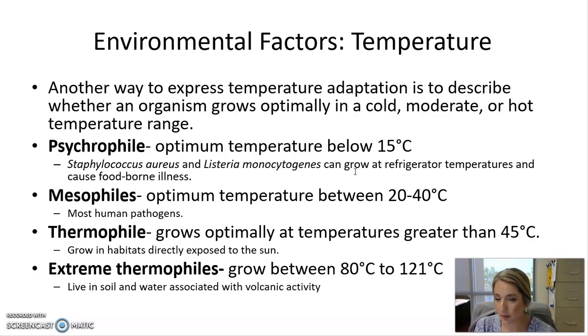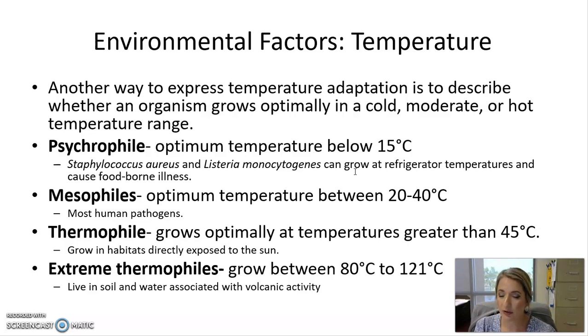Again, our internal body temperature is 37 degrees Celsius, so any type of microorganism that can cause disease in humans would likely be considered a mesophile because it would prefer this temperature in order to thrive. So that is consistent with most microorganisms, but there are definitely others.